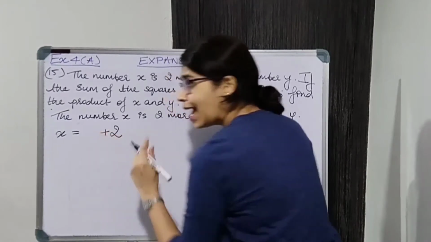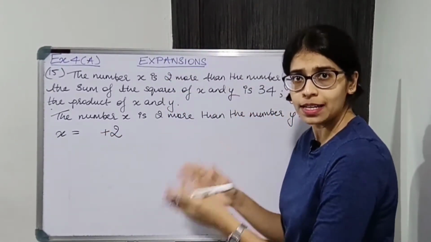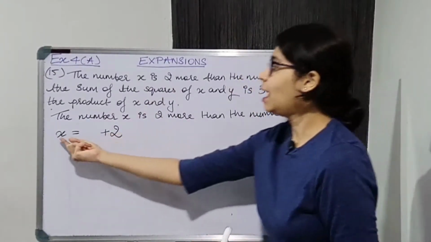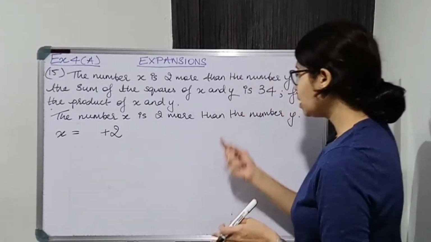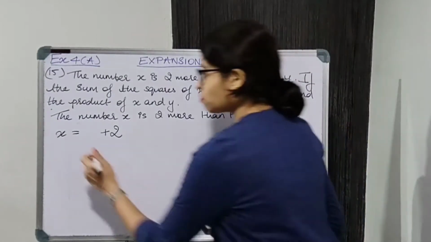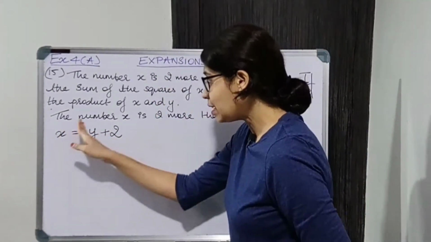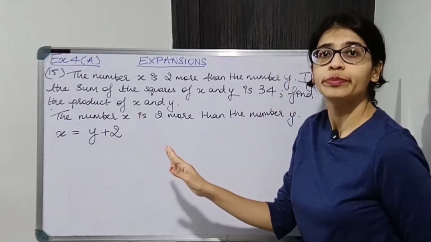More means you're going to add. Less means you're going to subtract. More means you're going to add. x is equal to 2 more than the number y. So x is equal to y plus 2.